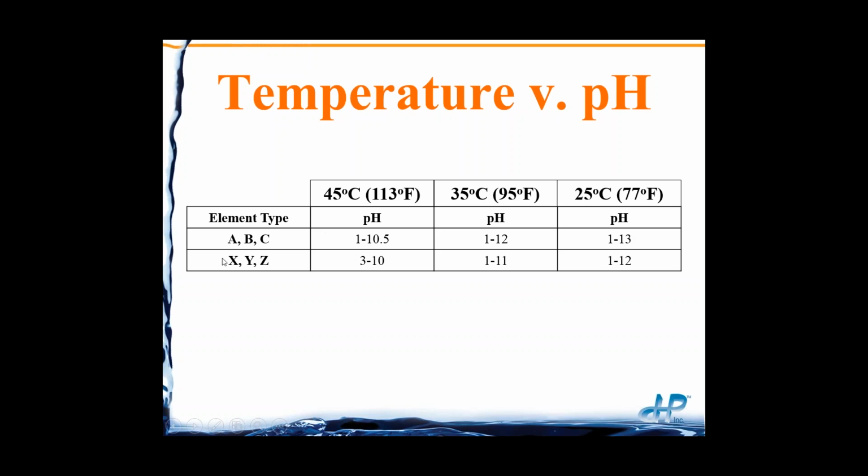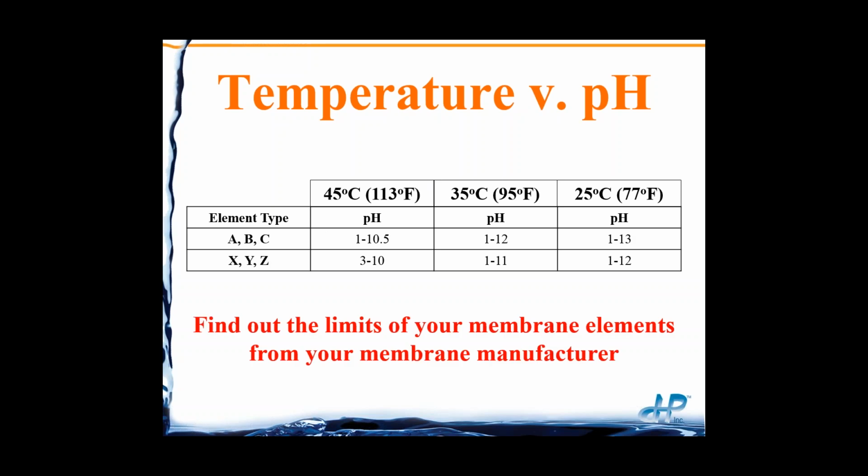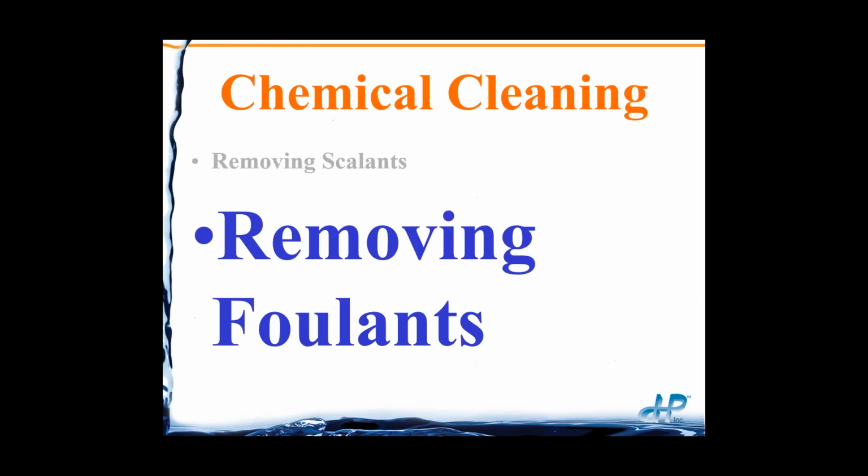And then here for nanofiltration products. So every membrane manufacturer is going to give you some guidance on temperature versus pH. But just remember, don't get more aggressive than you have to. So find out from your membrane manufacturer what you can do.